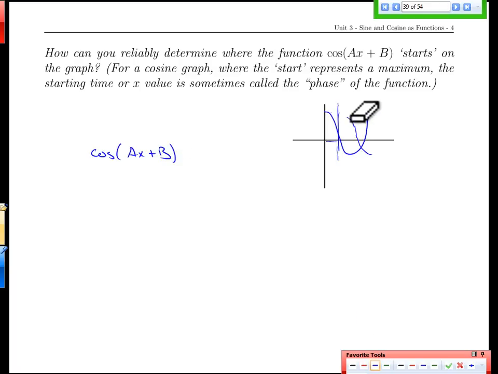Let's do this in a different color just for the sake of argument here. And ask, where does it start? So if that's cos of ax plus b, this starting point is, let's call it x0.